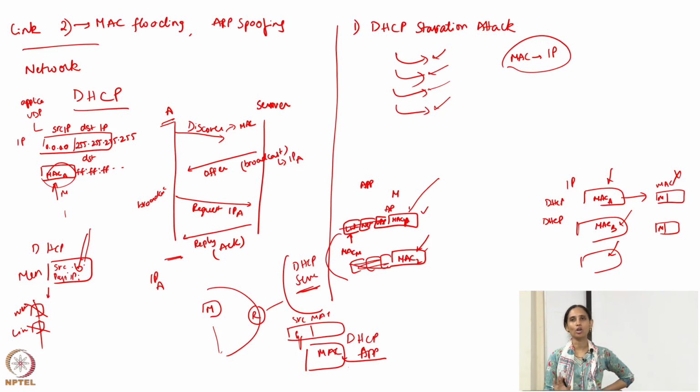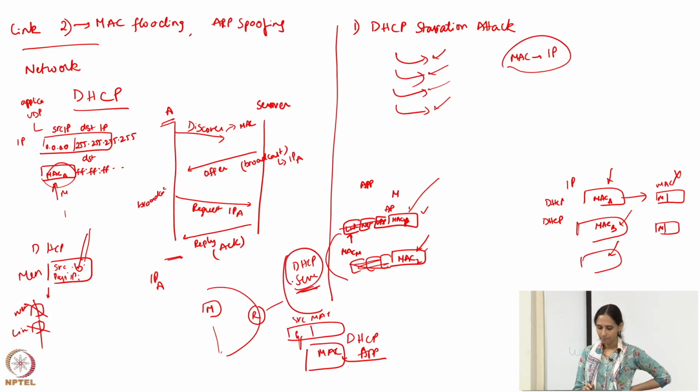If people have launched these type of attacks, oftentimes what happens in these situations, where the DHCP server is outside, is that there is a DHCP relay deployed here.